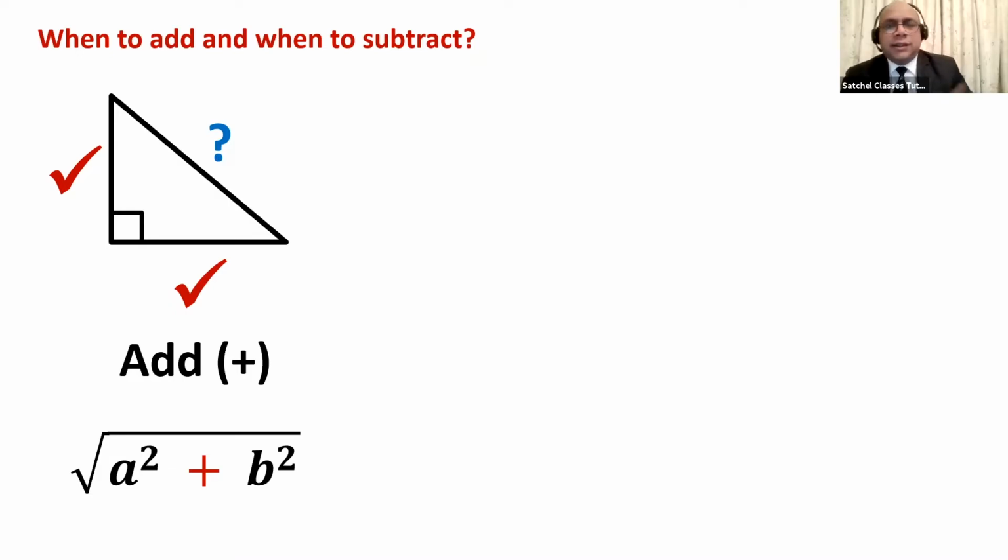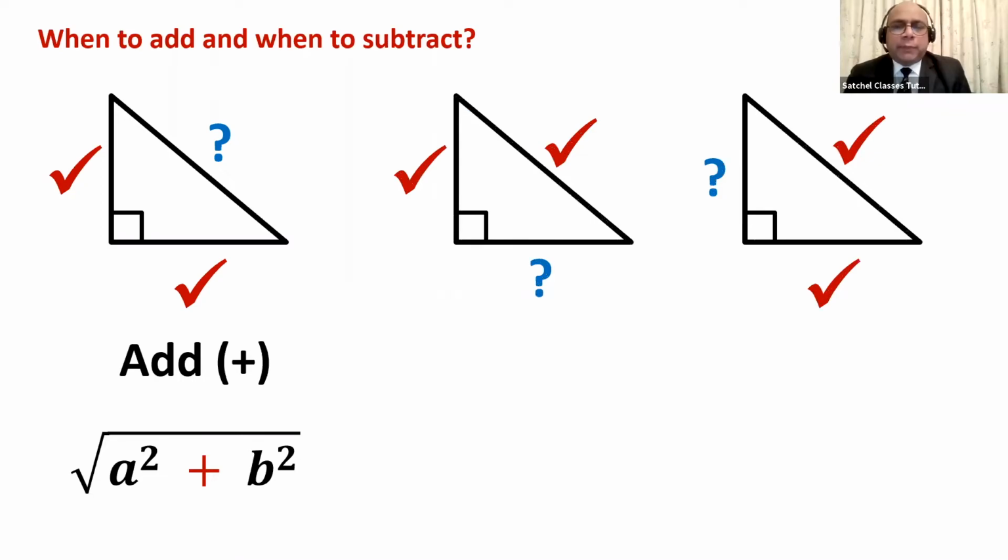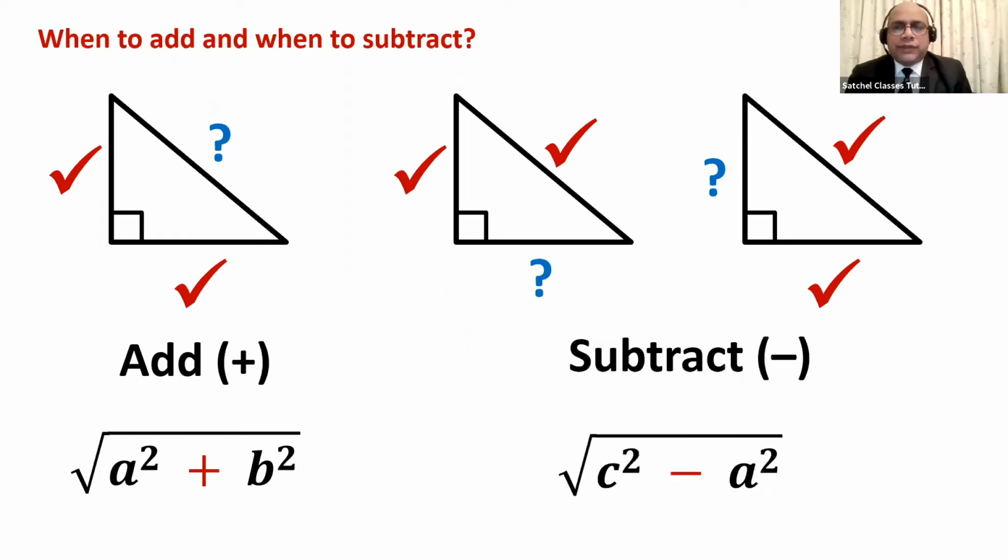On the other hand, if one of the perpendicular sides is missing and you're given the hypotenuse, then you will use the formula with the subtraction. It will be the square root of c squared minus a squared, where c is the hypotenuse and a is the given or known perpendicular side of the triangle.